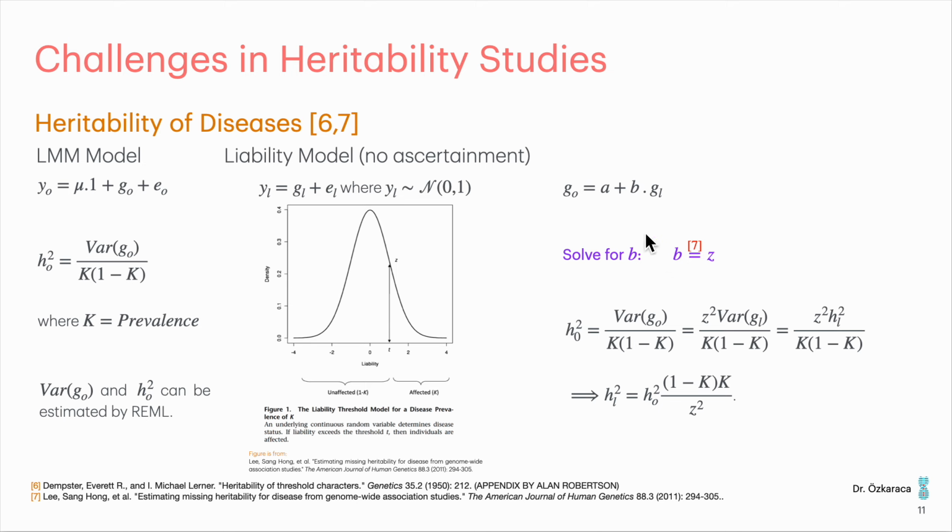The only important point is that the slope in this linear function can be shown to be a value called Z, which is the height of the threshold that separates the affected and unaffected individuals. This approach adds flexibility and allows us to account for variation in the phenotype despite its binary nature. So we have two types of heritability in short for heritability of diseases.